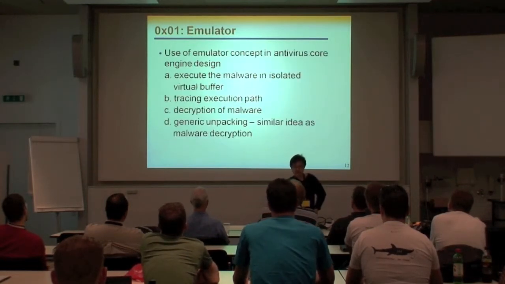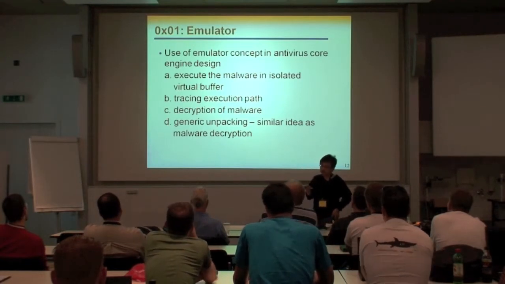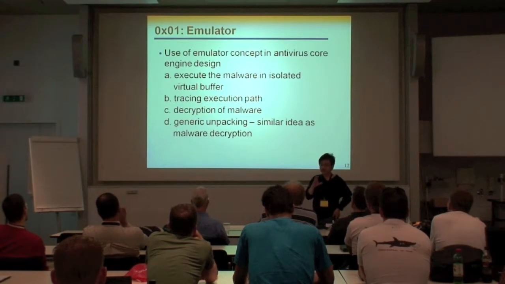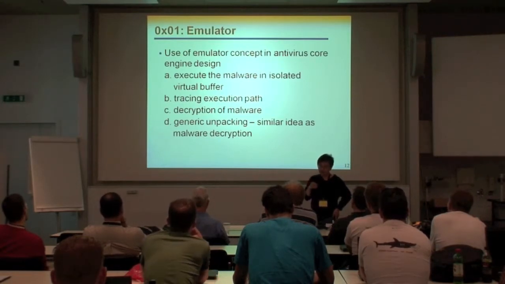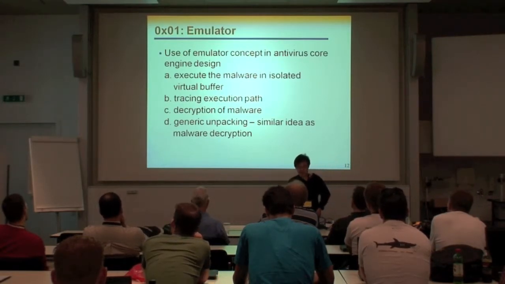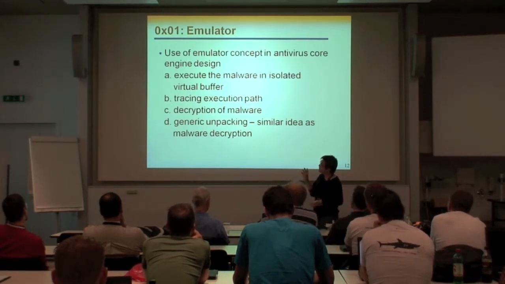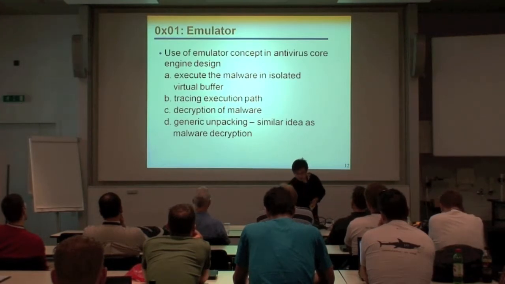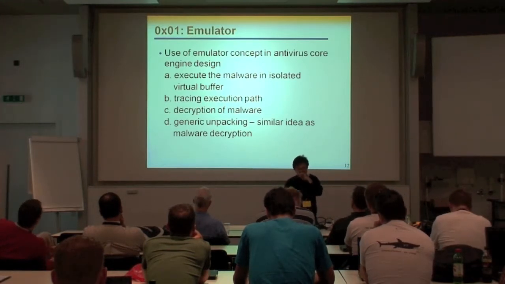Basically, an emulator is a software environment for code execution in an isolated environment. But the emulator concept in this project is a little bit different, as I'm going to explain. The emulator in this project actually stands for a virtual buffer. This virtual buffer allows the execution of part of the malware code in this buffer and tracking the execution path.